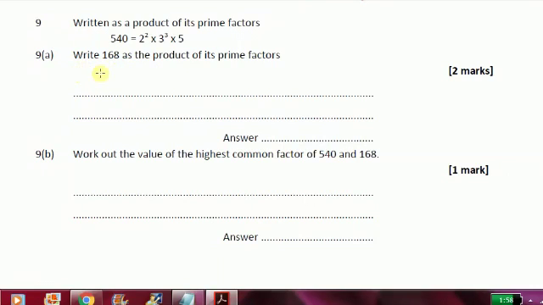I learned how to do these a long time ago by a standard way of laying out. 168, put a nice long line down there, and I say I can divide by 2. 2 into 16 goes 8, 2 into 8 goes 4, and then 2 into 84 goes again, and that gives me 42. 2 can go in again, gives me 21. 2 doesn't go anymore, but 3 does, so I can divide by 3. 3 into 21 goes 7. The only thing left is 7 into 7 goes 1.